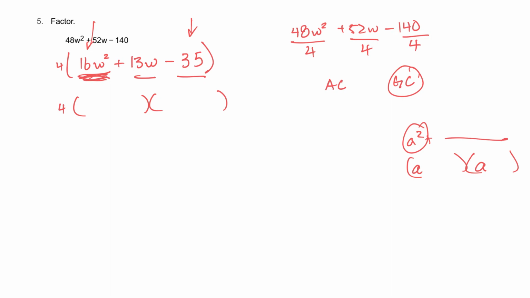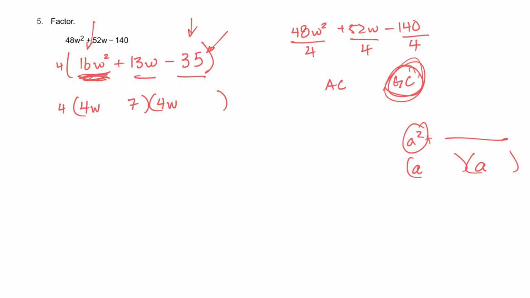16 is 4 times 4. So I'm going to think that maybe that's a 4w there, and that's a 4w there. But what I'm doing is just guess and check. I'm just taking a shot at it and see if it works. Now 35 is 7 times 5, or 35 times 1, but I'm thinking a 7 and a 5.